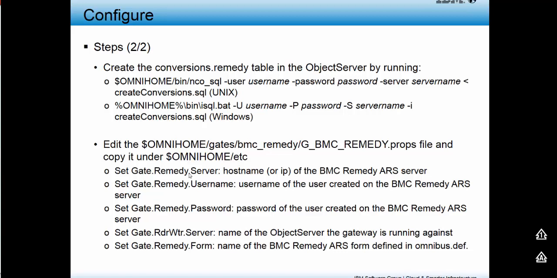So you need to set the gate.remedy server or IP address of your Remedy server, put in the username and password for the user that you created on the Remedy server for use with the gateway, then give it the name of the object server you want to connect your gateway to, and then specify the form that you want to connect the gateway to.